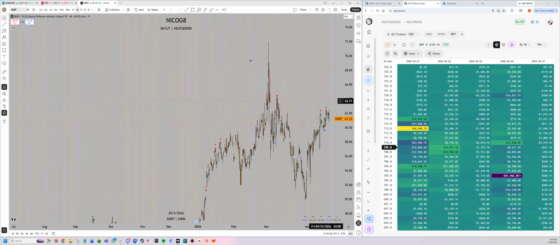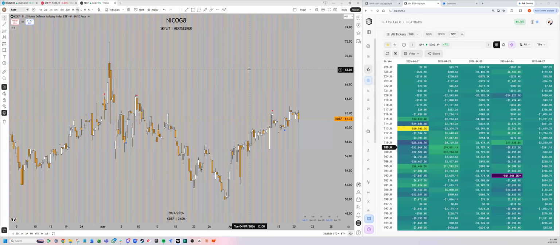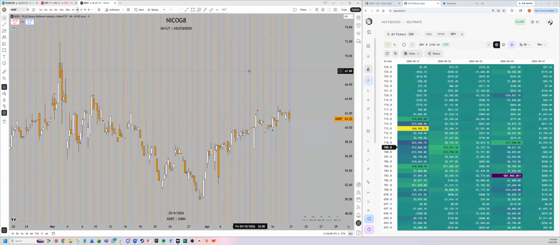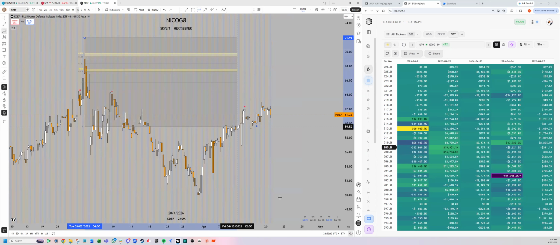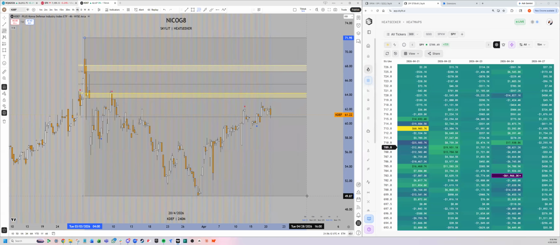KDEF, was this spike to 72 all-time highs? Plus the Korean defense industry ETF. What are you trading, bro? Who's asking for this? I don't know this sector at all. With KDEF, you might be looking for maybe a bearish fib rejection, honestly. Maybe this liquidity lines up with one, like 64, 65.